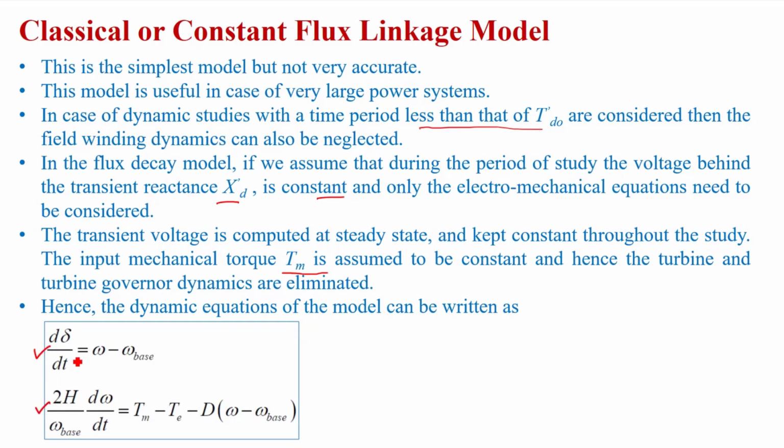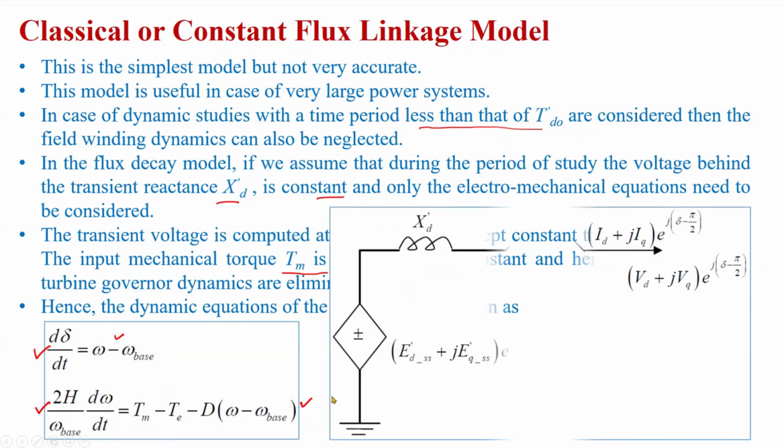The first equation gives the change in rotor angle, which is the deviation in the rotor speed. The second equation is related to the rotor inertia, and gives the change in speed with respect to time. This is a well-known equation, so we need not discuss more on it.